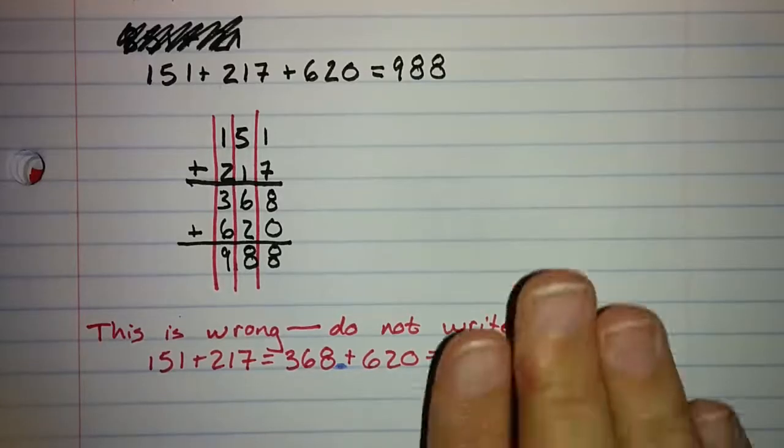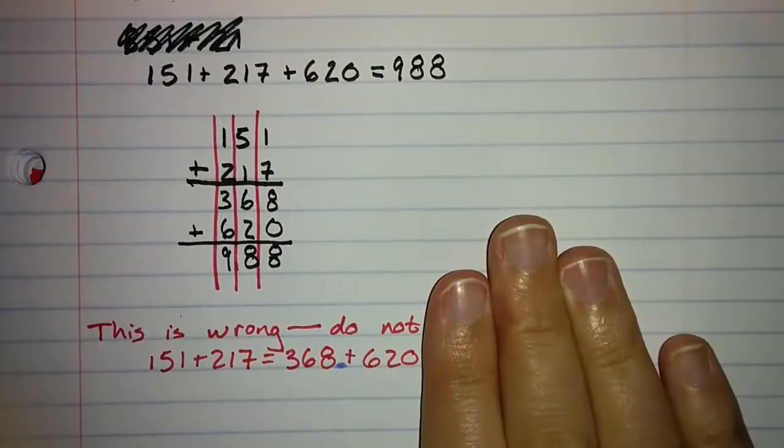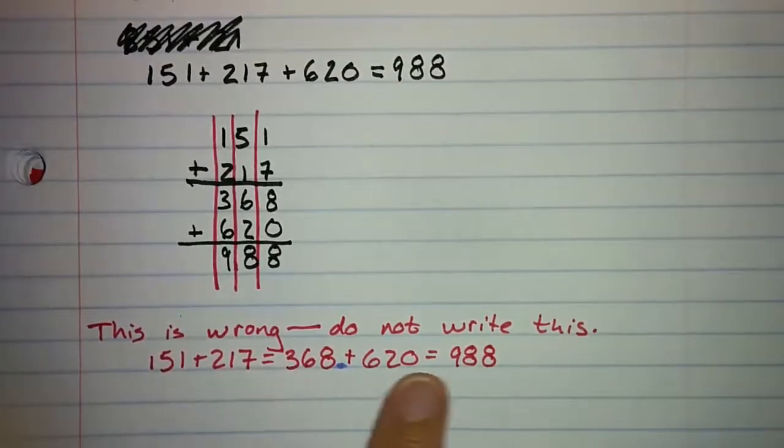What you see is a sentence that says 151 plus 217 represents the same number as 368 plus 620. That is not true. This is not a true long strung together sentence. So don't write it. It's good to not write things that are not true.